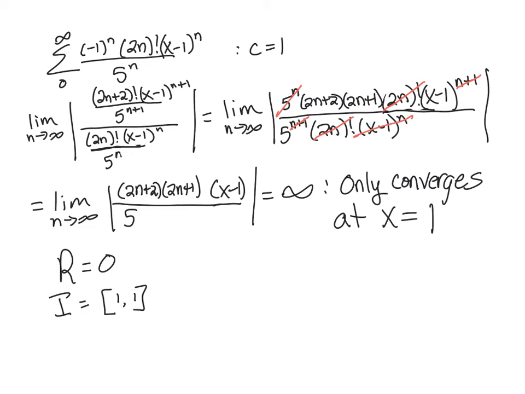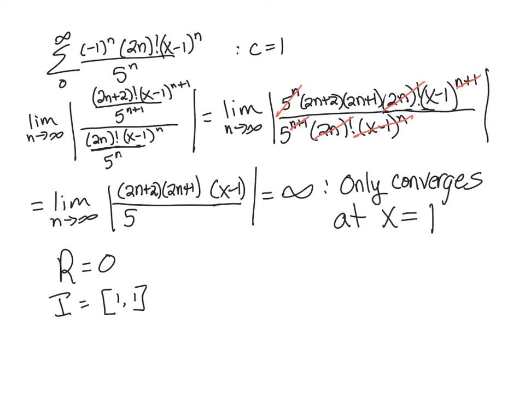All right, ratio test. The limit to infinity of the absolute value of the ratio, and you put the original in the denominator. This 2n factorial becomes 2n plus 2. I've already explained that. That power goes up by 1. That power goes up by 1. Taking the denominator, flipping it, and we see that we've got 5n over 5n plus 1.